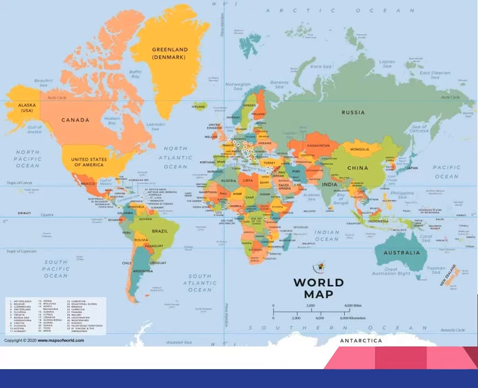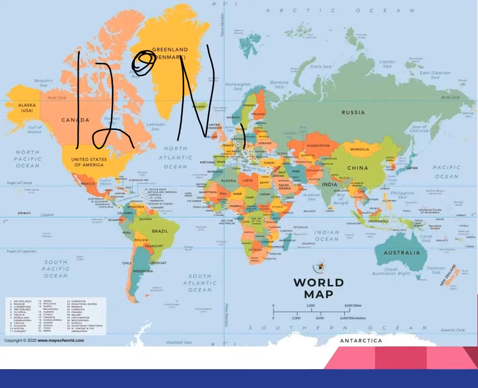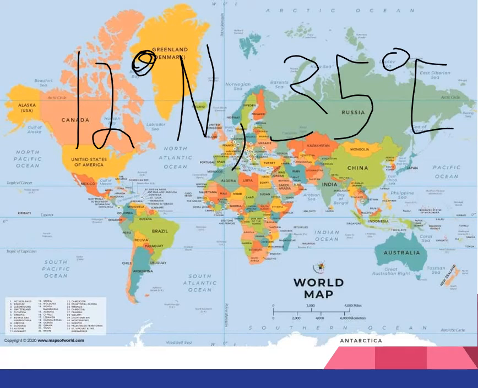So whatever number you have, let's say we have 12 degrees north, you will write the 12, you will always write the degree symbol, and then we know it's north, so we will write N. Then a comma, and then let's say it's 35 degrees east. So the one that is north or south always goes first. The one that is east or west always goes second.